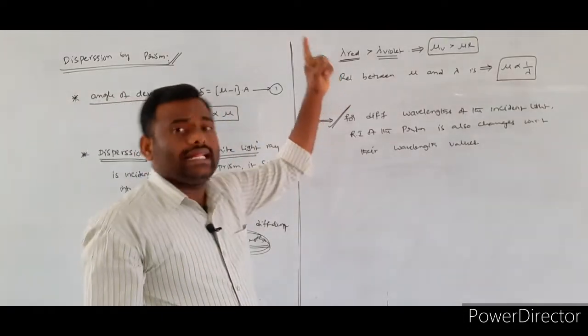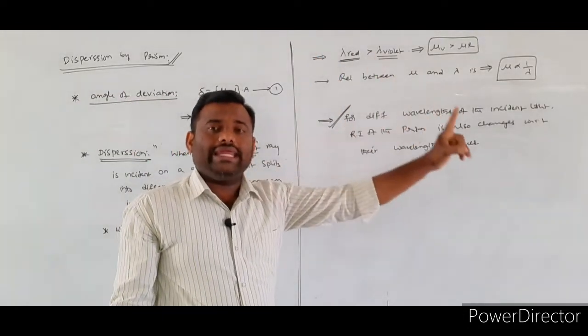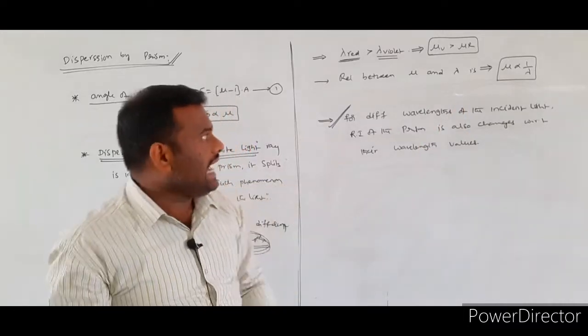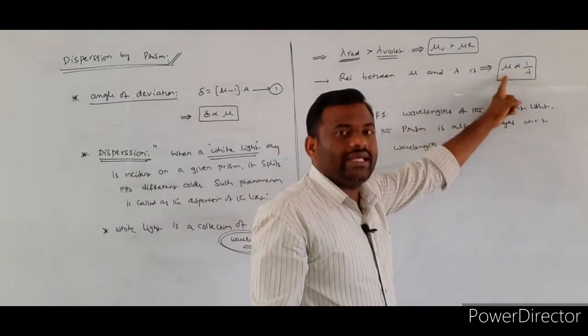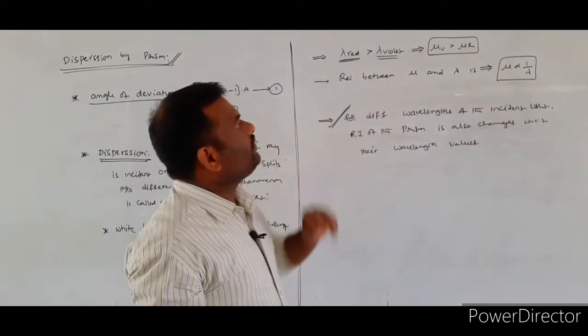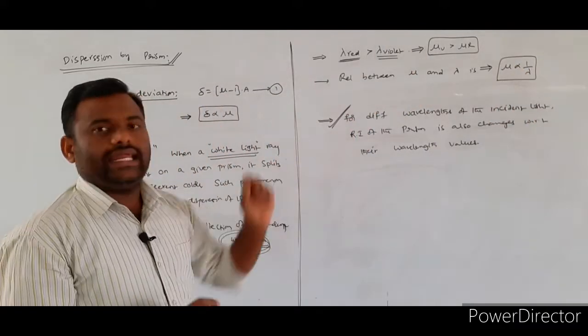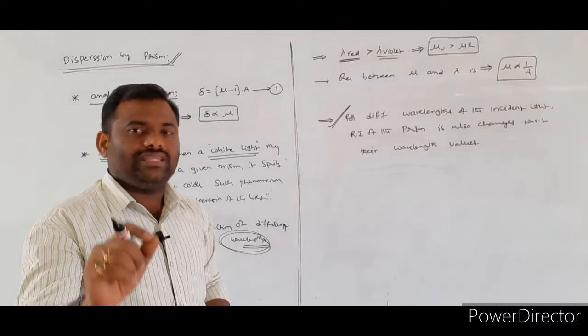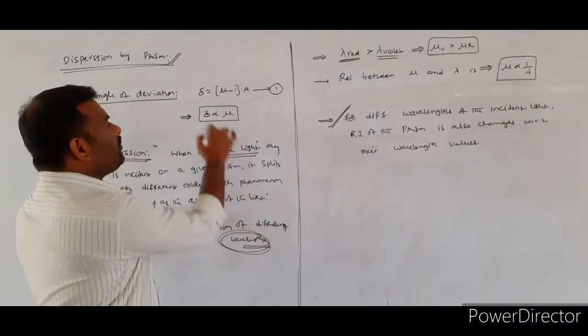Since we know that the wavelength of the red is greater than the wavelength of the violet, and wavelength and refractive index are related inversely, the refractive index of the violet will be greater than the refractive index of the red. Already we know one more relation.